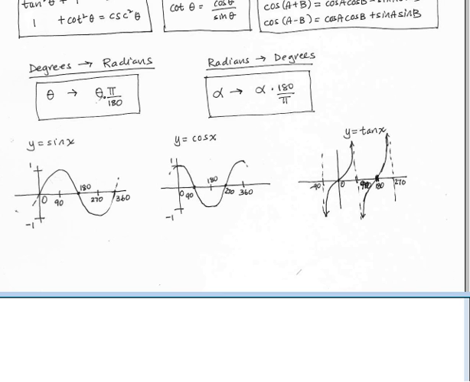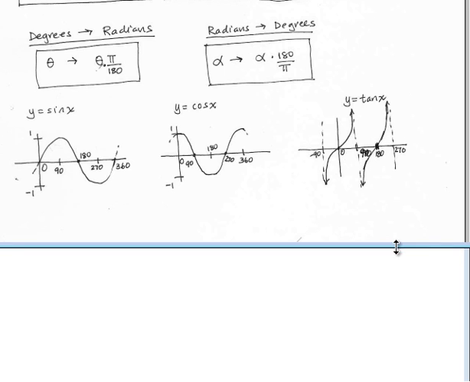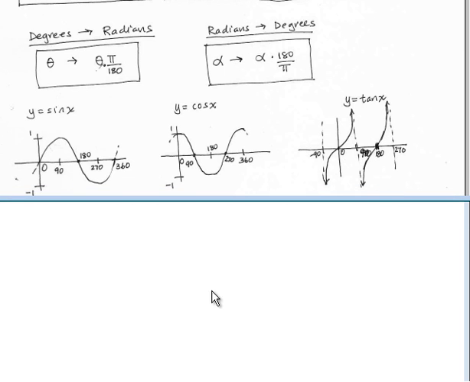There's probably more that you have to know, but for now, let's look at the graph of y equals sine x. y equals sine x is a periodic function. One period is 360 degrees, or 2 pi, and it's basically a wave that repeats itself and goes on forever in both directions.